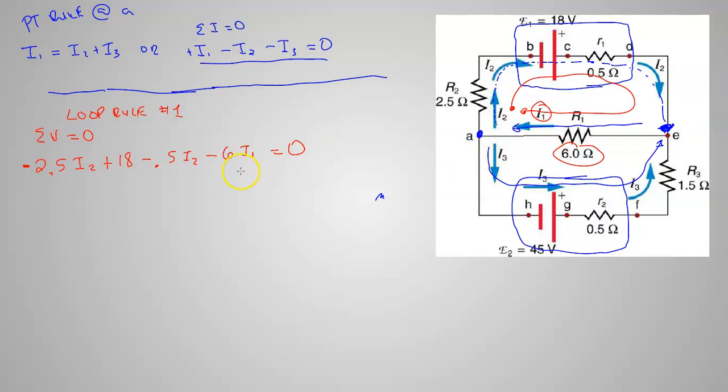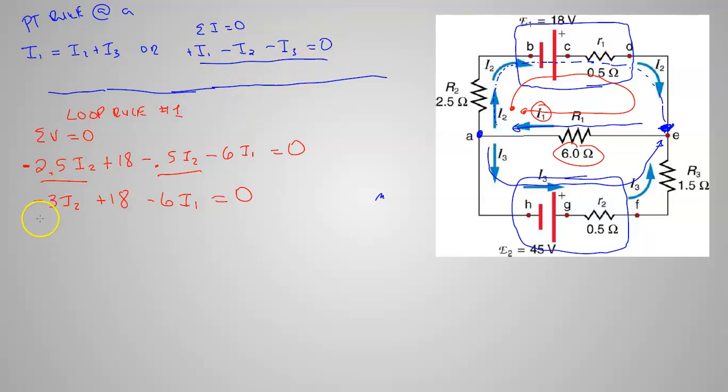So that's my equation. Now I want to clean that up. Here's an I2 term. There's another I2 term. They're both negative, so I can put those together. That's going to give me a negative 3 I2 plus 18 minus 6 I1 equals 0, and I need to get that in this same order with I1, I2, I3 equals constant.